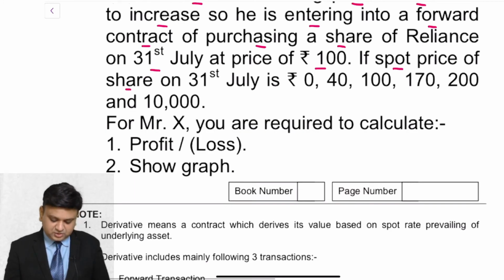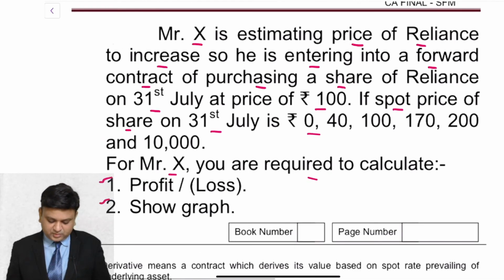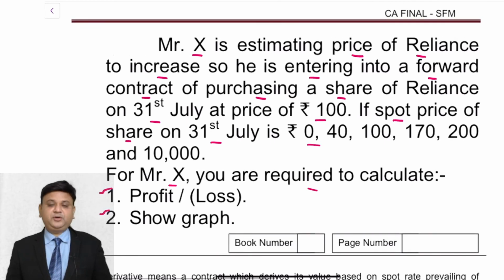Spot price of the share on 31st of July is given to us in different prices. For Mr. X, you are required to calculate the first, the profit or loss for each of the spot price, and the second, to show the diagram for the profit or loss he is making. Try to complete the answer of the question, then I will do working for you.